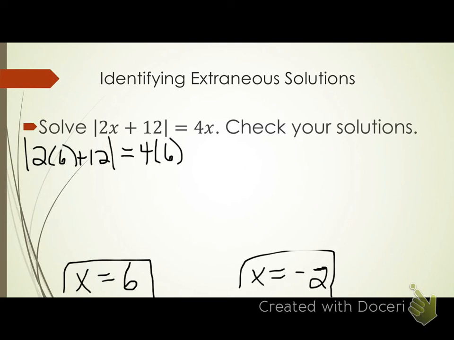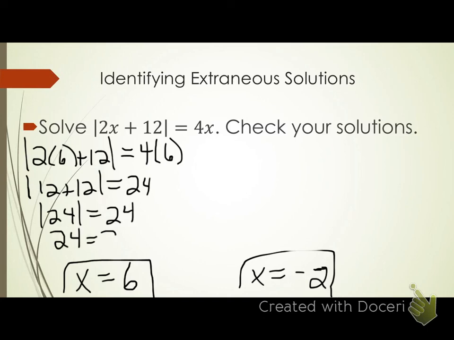Plug it in for both of my x's up there. Now I'm working inside the absolute value, using my order of operations in there. What's 2 times 6? 12. 4 times 6? 24. 12 plus 12? 24. And absolute value of 24?